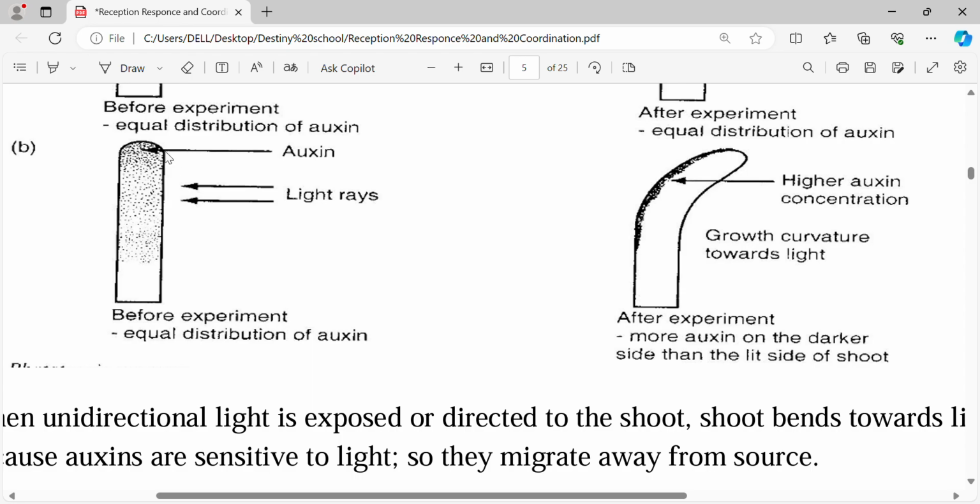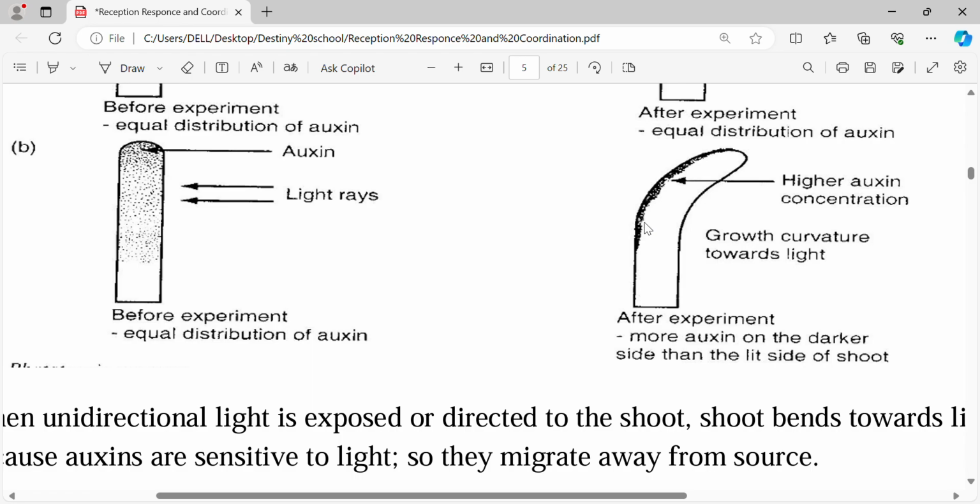But upon inducing light from one side, the auxins migrate to the dark side because they are sensitive to light. After migrating to the dark side, there will be a high concentration of auxins on the darker side.